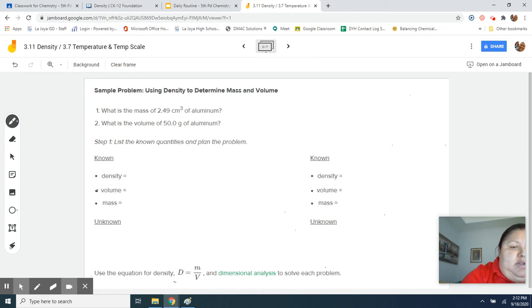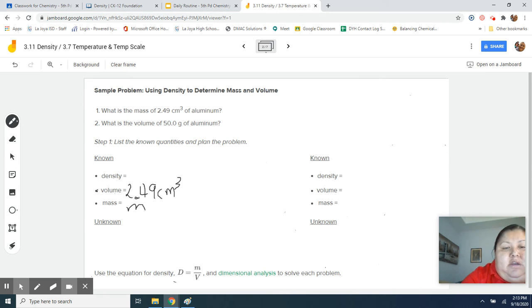All right, so we're going to go ahead and put 2.49 centimeters cubed. And the question even says, what is the mass? So we are searching for M for mass, okay? That's our unknown. Now, we need density.